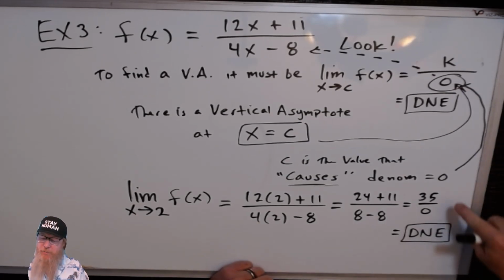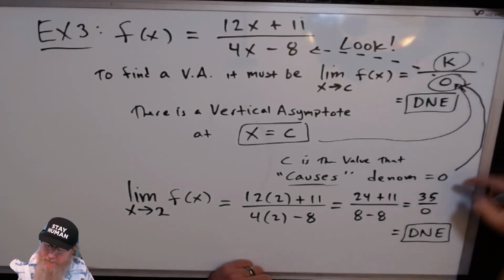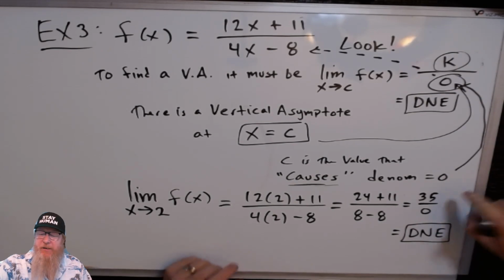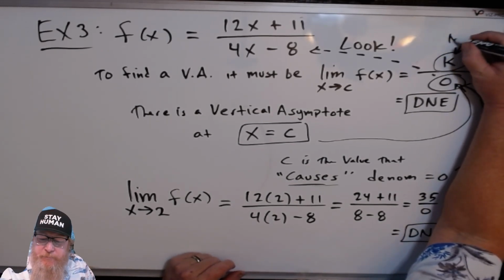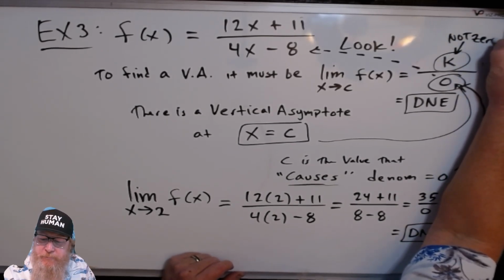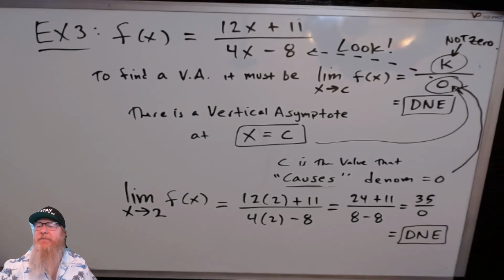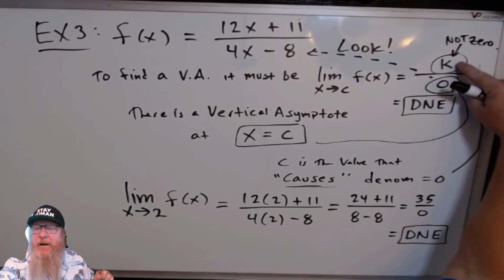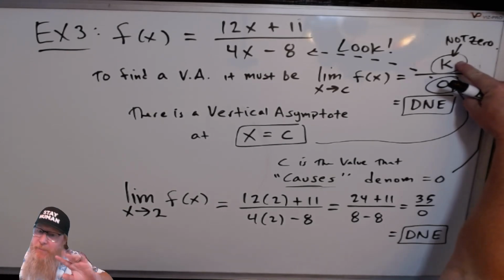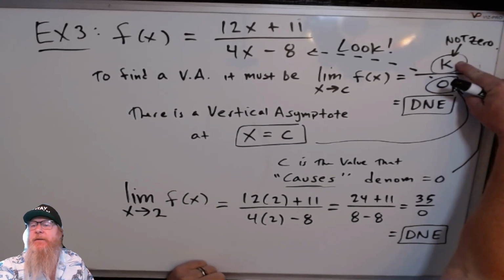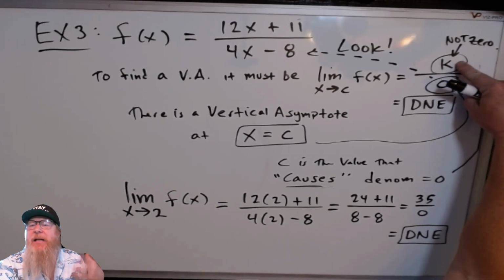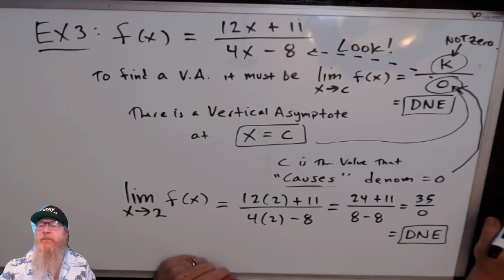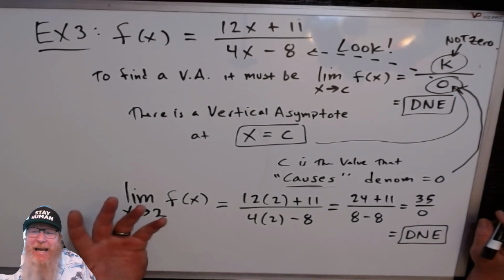You do have to get a constant in the numerator other than 0. So you do have to verify that the numerator is not also 0. That would be a different case, which we'll get to later. So when I say k, I mean something other than 0. I think I might have called it L before.